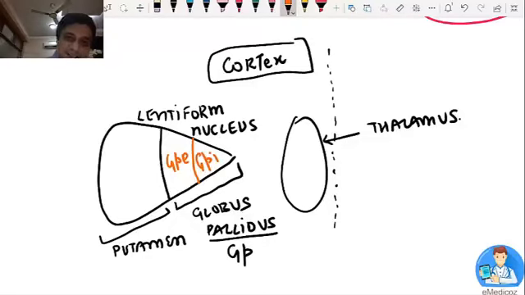Globus pallidus I. I means interna. So globus pallidus externa and interna are the two parts of the globus pallidus, which is a part of the lentiform nucleus. And the outer peripheral, that is the lateral part, is the putamen. Some people do spell it as putamen. That's fine. But in Punjabi, I always call it as putamen.